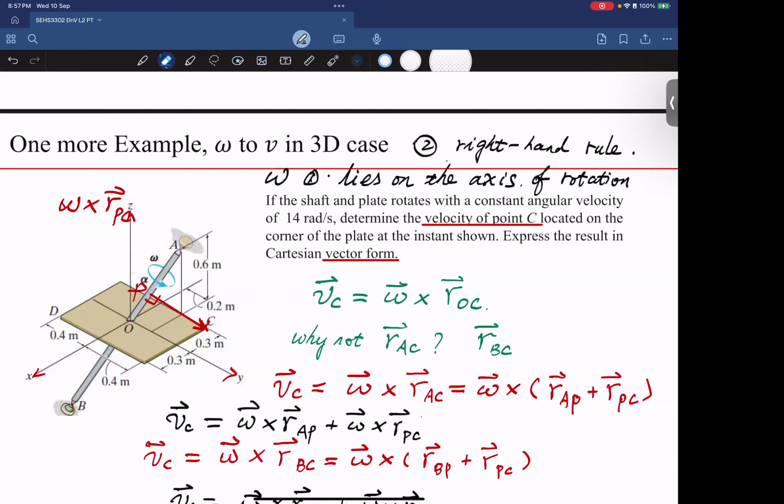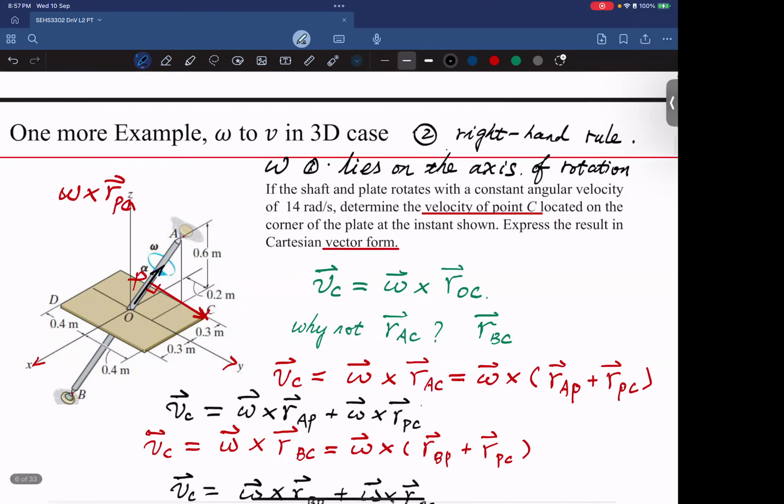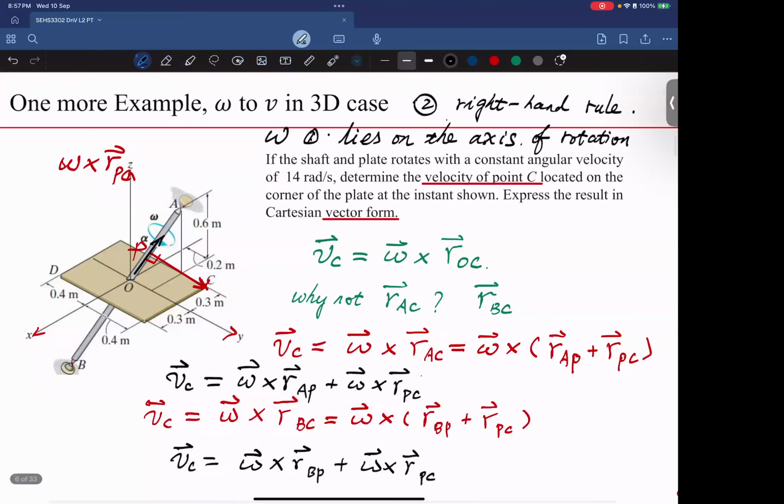If it is clockwise, it can be like this, right? Therefore, it points up along the axis. So omega is along OA, same as OA. This is omega's direction. Okay, omega is on the axis.